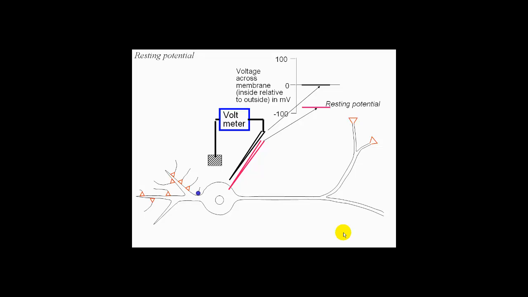The signaling and the information processing that nerve cells do is largely an electrical event. It's electrical signals that the nerve cell uses to communicate. These are electrical signals that are based on chemical events, but they are electrical signals. And so the electrical properties of the nerve cell are very important.